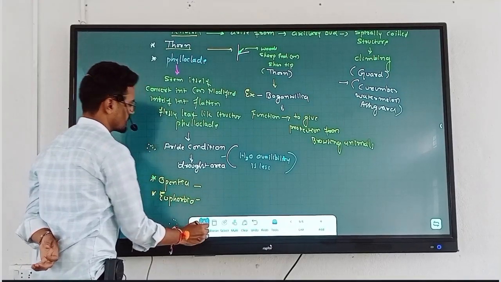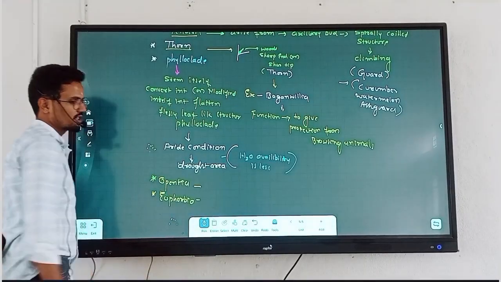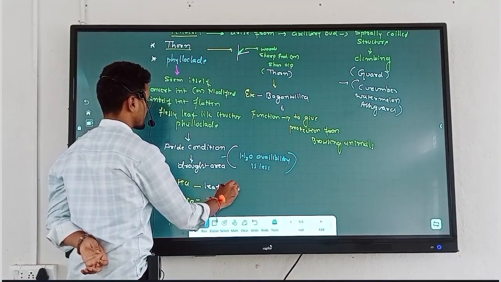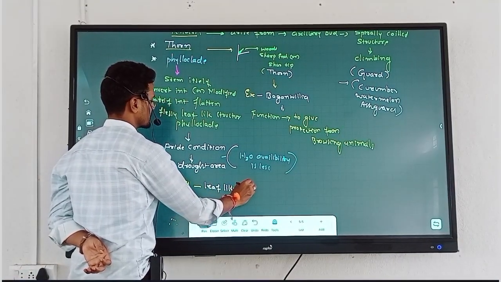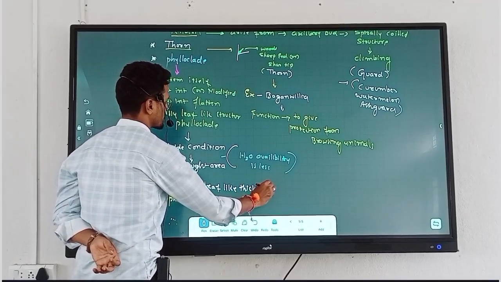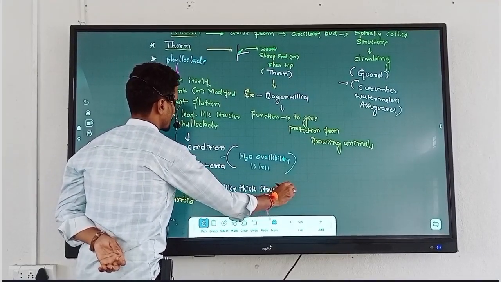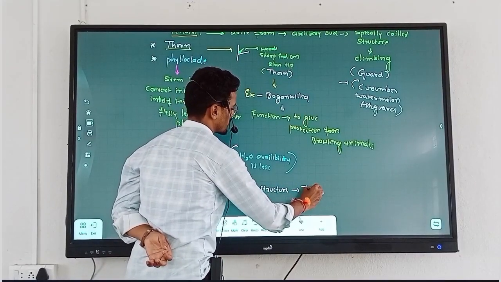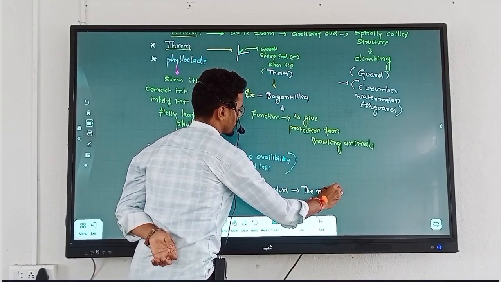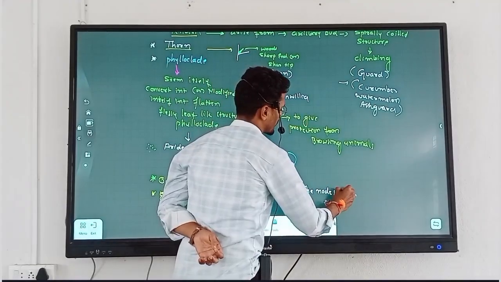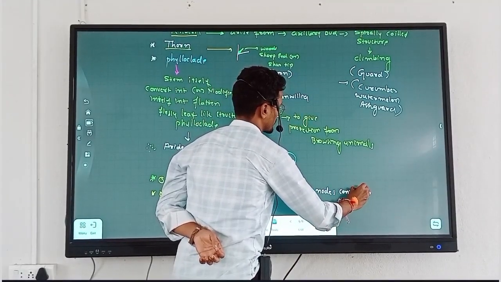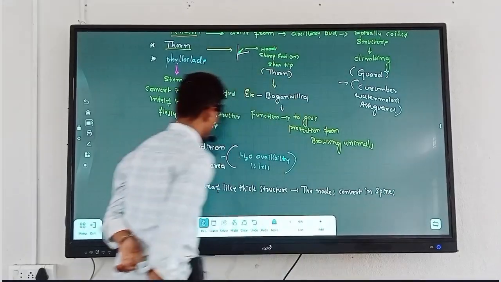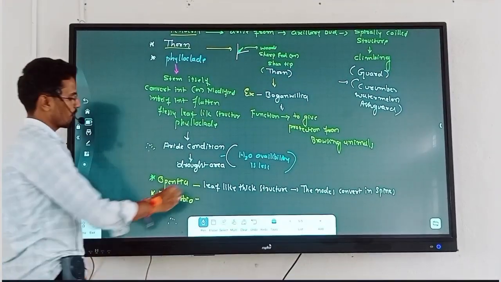Opuntia is a flattened, leaf-like thick structure. On this, the nodes are converted into spines. Like that only in Euphorbia.